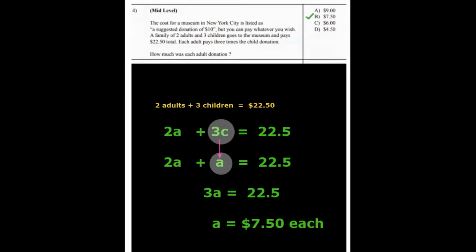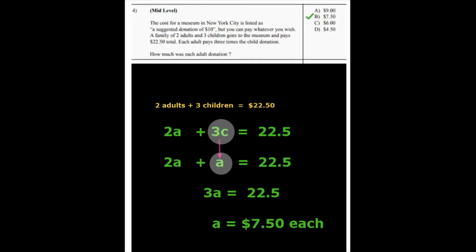However, since each adult is 3 times a child's ticket, we can substitute in for the variable term 3C as 1 adult. So that would be equivalent to 2 adults plus another adult, or 3 adults, equaling $22.50. Divide both sides by 3, and the adults are paying $7.50 each. The correct answer was B.